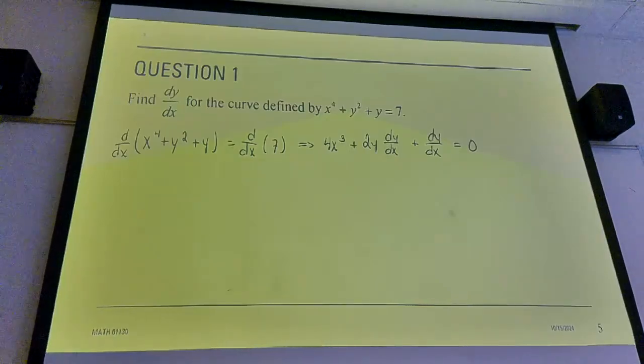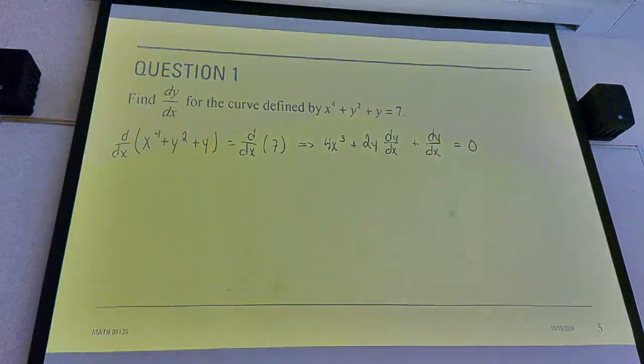Now we algebraically solve for dy/dx. When you're trying to solve for an unknown, you need to do what? Put all of the unknowns on one side, and then the rest on the other side. You need to isolate it.